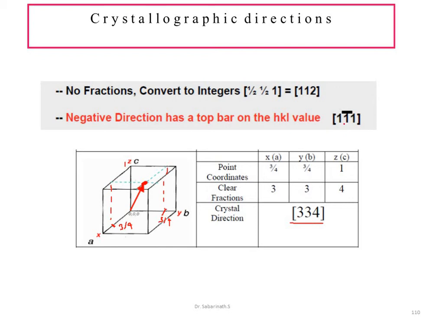One important thing you need to know is the negative direction, and how to represent it. We will see the negative direction representation in the next slide, but for the time being just keep in mind that anywhere a negative value comes, for example if you are taking negative 1 on the y-axis, it will be -1 here.